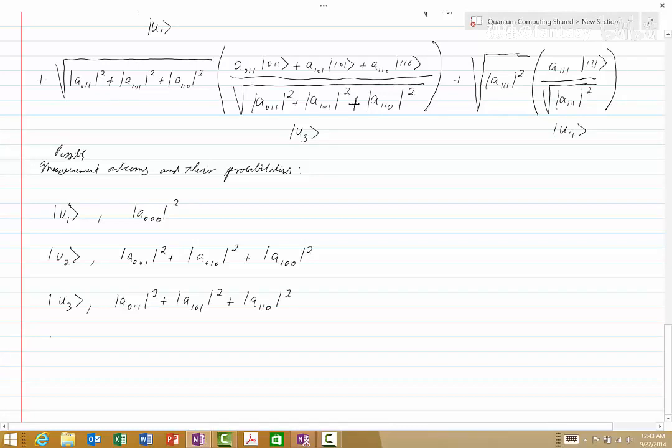And then the final possibility would be U4, and the probability of that is the magnitude squared of A111. So that's the way we do problems of this type.